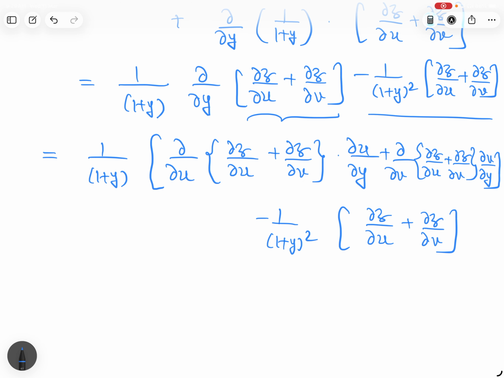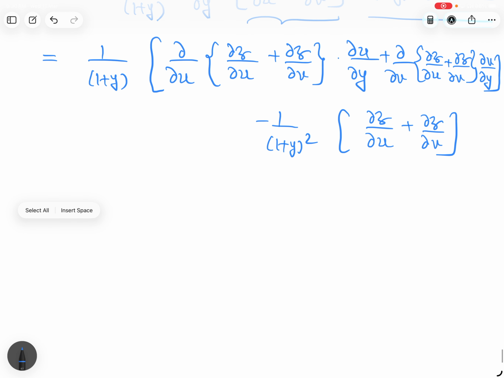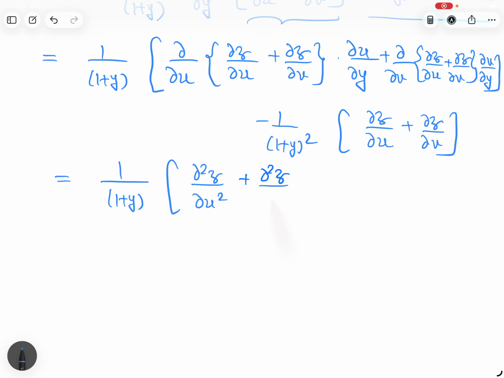Okay, now solve it. 1 upon 1 plus y. What is this? Solve it. Del 2z del u square plus del 2z del u del v. But outside, what is the del u upon del y value? Can you tell me? What was the del u upon del y value? 1 upon 1 plus y.